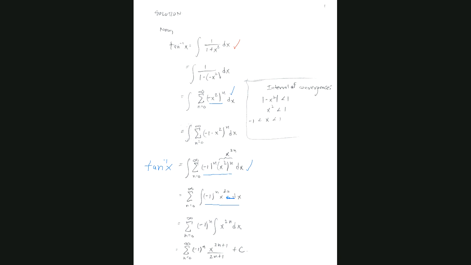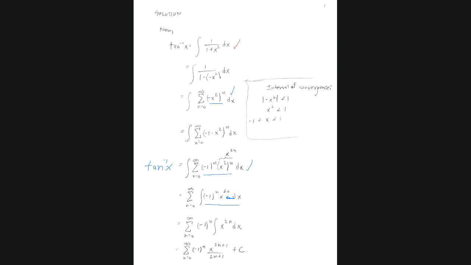All right, and then the antiderivative of x to the 2n power is x to the 2n plus 1 over 2n plus 1, by the reverse of the power rule, plus a constant. And again, you're summing a bunch of indefinite integrals.